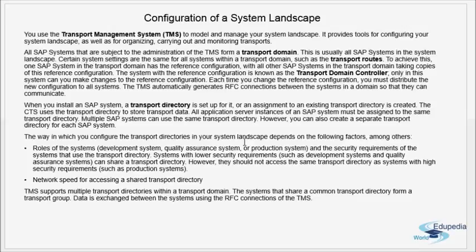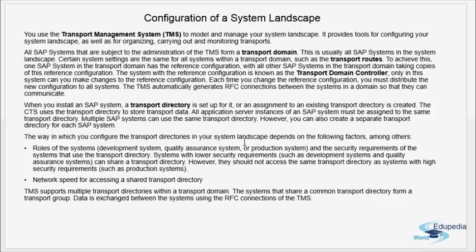All the details about the transport are stored at the OS level in a directory known as the transport directory. It's very important that an SAP system which has multiple instances has only one transport directory. Each instance will not have its own transport directory.